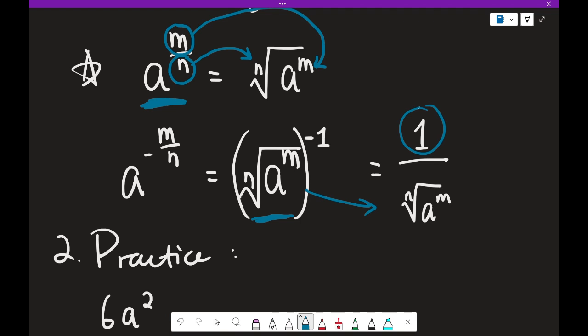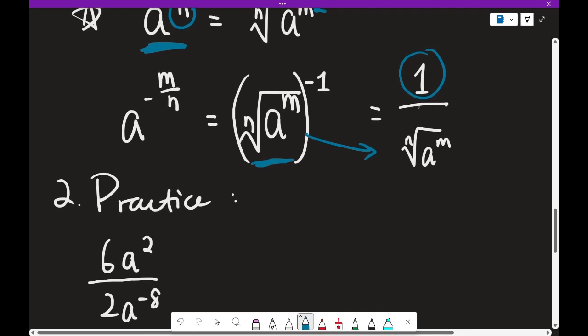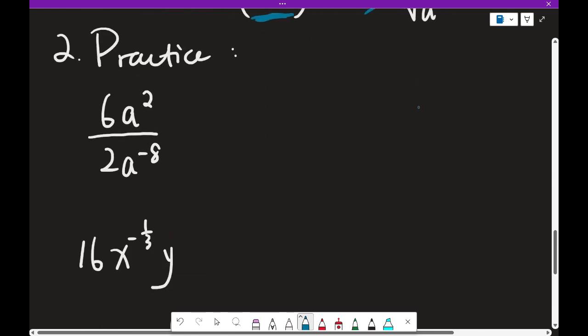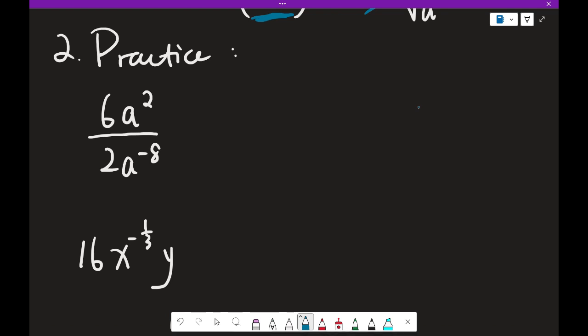So these are some of the commonly tested identities of exponent laws. So now we can do some practices to affirm our knowledge. First one, 6a squared over 2a to the power of negative 8. So whenever we see a fraction, we always need to simplify it.